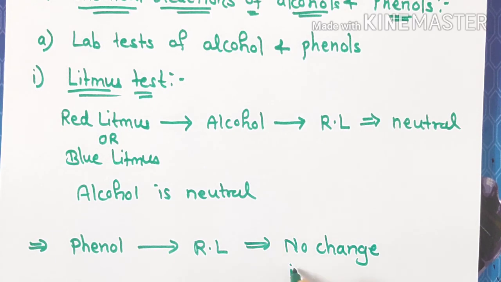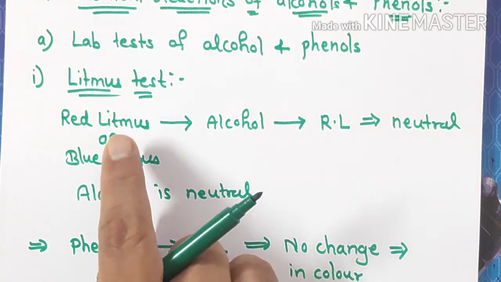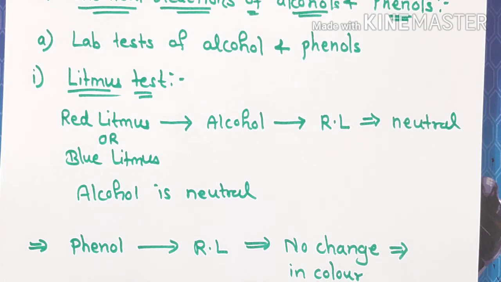Understand, students: when red litmus turns blue, I will say it is basic. But it does not change in any color, so I will say it is not basic. First understand this, and then you come to the next part.